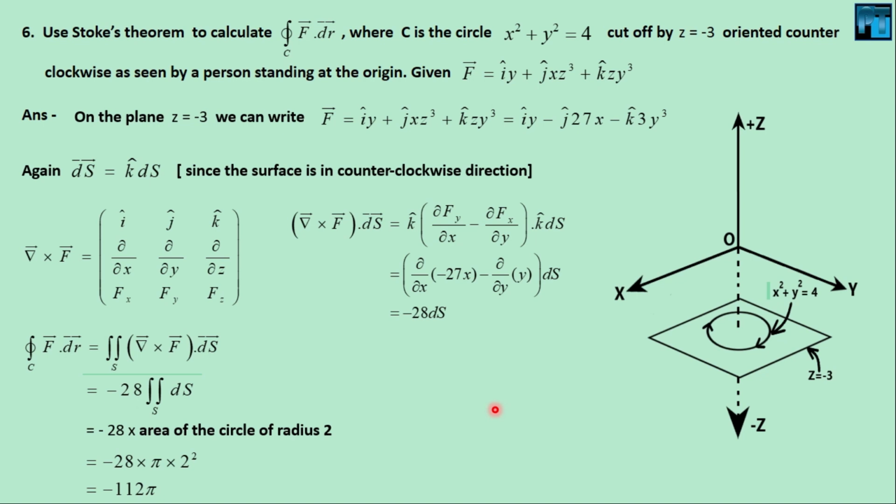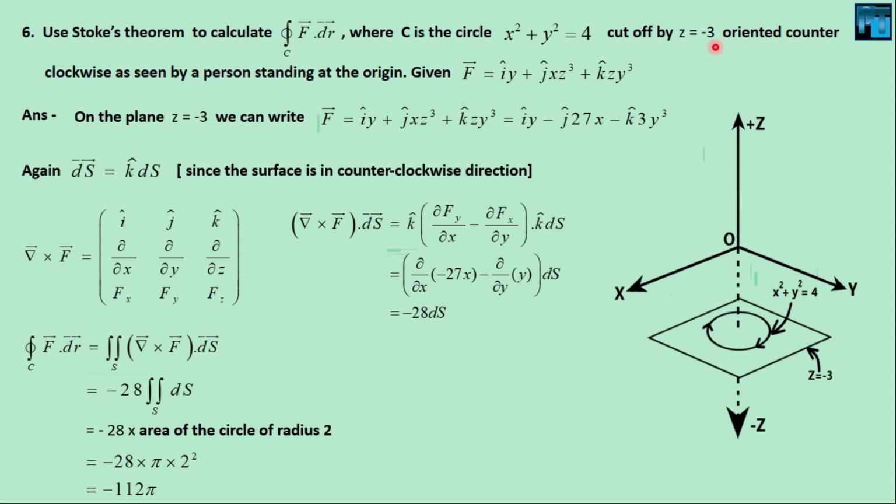See, whenever this type of problem comes, when you are very confused about the C or the contour, you can use the surface integral depending upon the problem, which gives me the judgment that I have to use the surface integral here. See, first of all, z cut off by z equals minus 3.